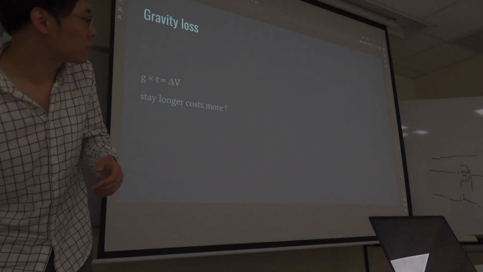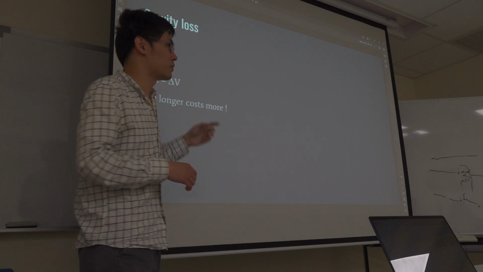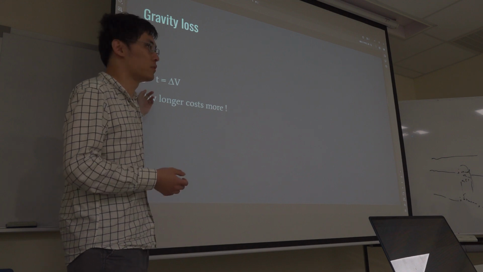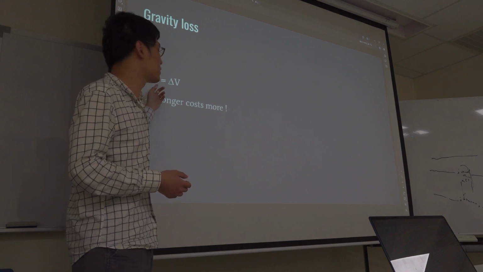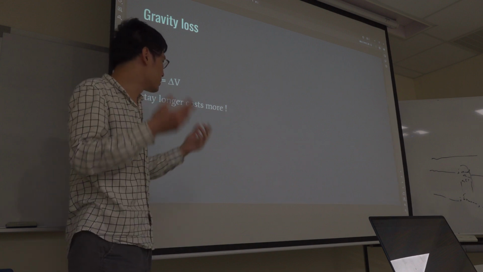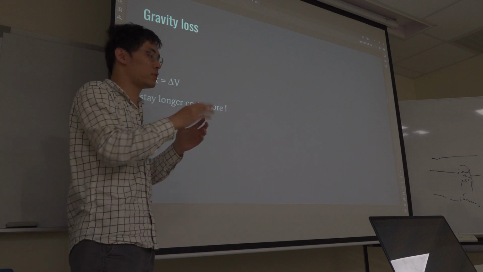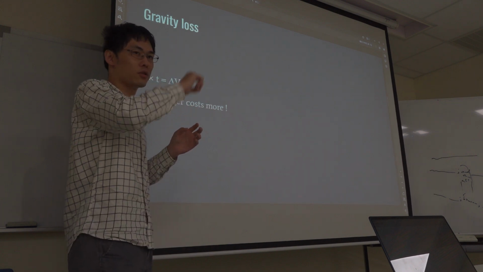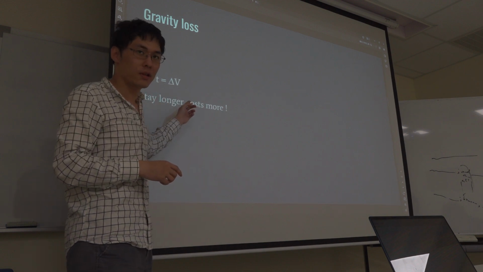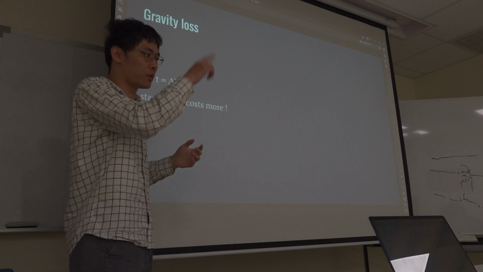Now you have the idea of the delta V. So what is the gravity loss? The principle is very simple because gravity is an acceleration. So gravity times t is delta V, right? Which means if your rocket is ascending from the Earth, the longer the time it took, the more delta V gravity will give you, and so you will waste more fuel on the path.